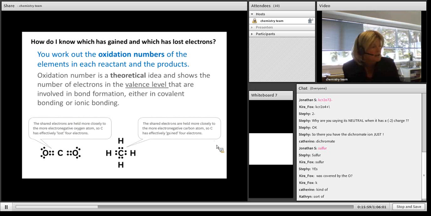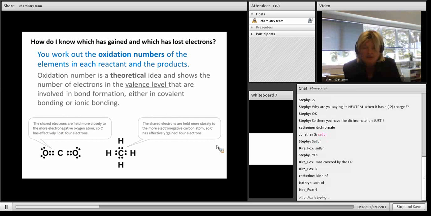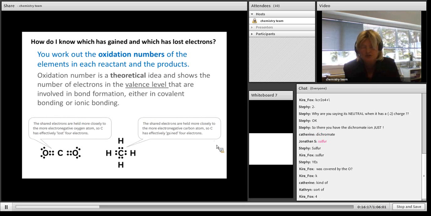Now, in carbon dioxide, first of all, carbon. How many valence electrons does carbon have? 4. It's got 4 because it's in group 14, and elements in group 14 have got 4 valence electrons.